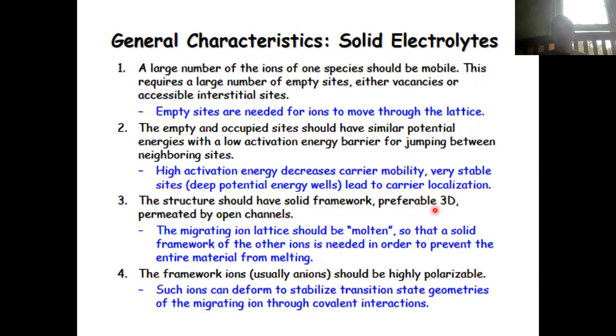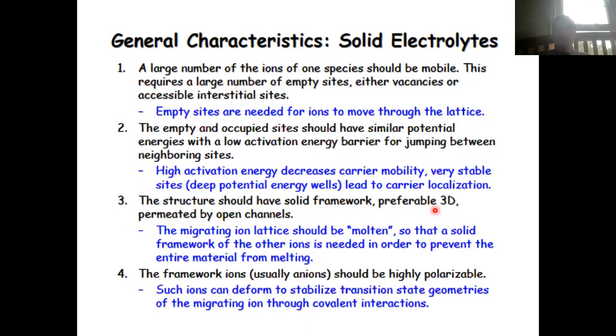Ideally, one partial lattice would be molten, and the other ions would provide the host for the melt.